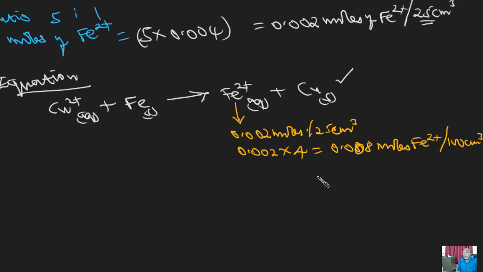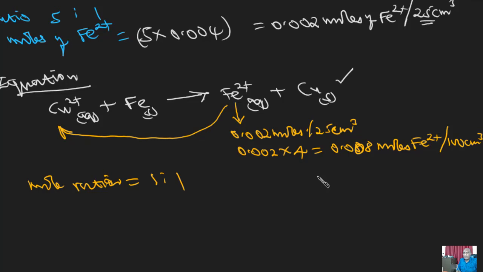So already we have the number of moles of iron 2 produced. We can work backward, and we know the number of moles of copper ions which are supposed to release those moles of iron 2. We can see from the equation that the mole ratio is 1:1.